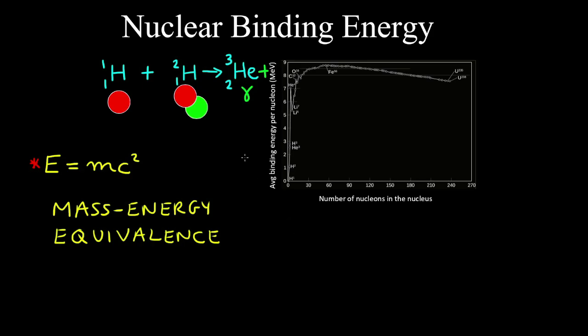So for example, consider the mass of a deuteron, which is a nucleus of deuterium, or this hydrogen isotope.